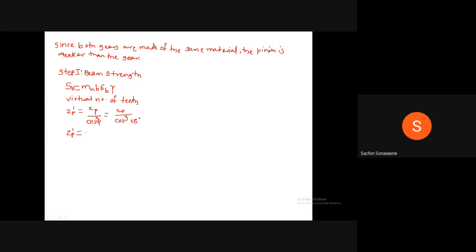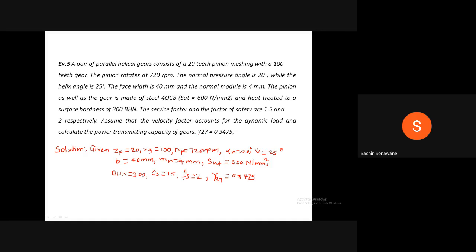Yes, 26.87 means it is nearly equal to 27. That's why they have given us y for 27 in the given data. Always remember, while taking y in case of helical gear, we have to take y for virtual number of teeth. Therefore, y27. That's why they have given.